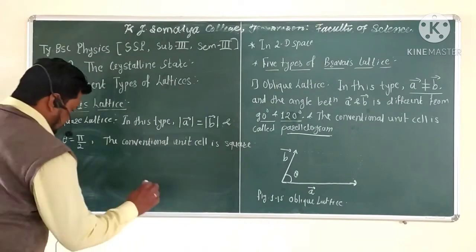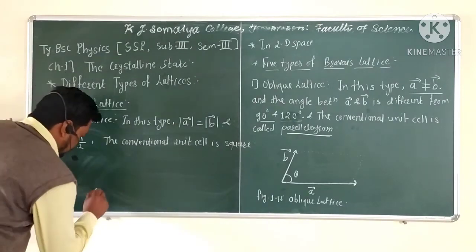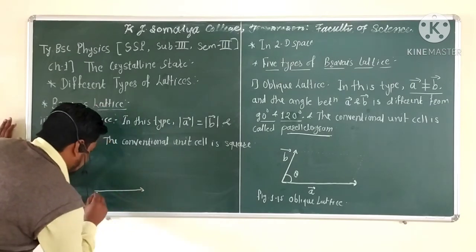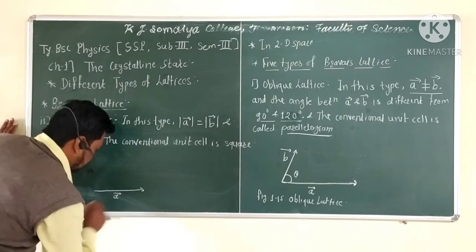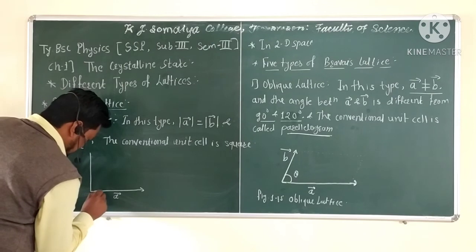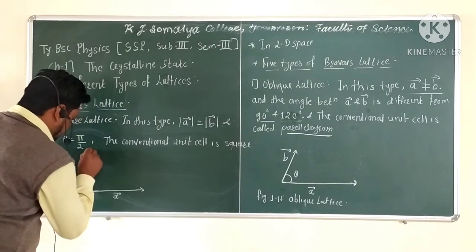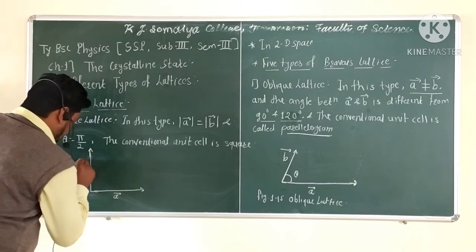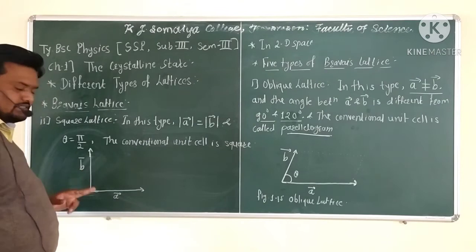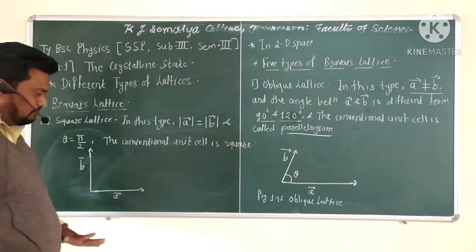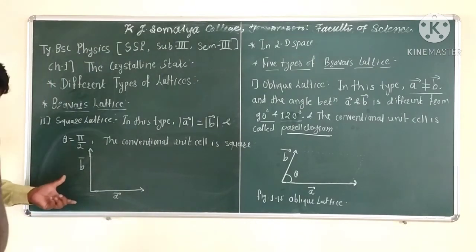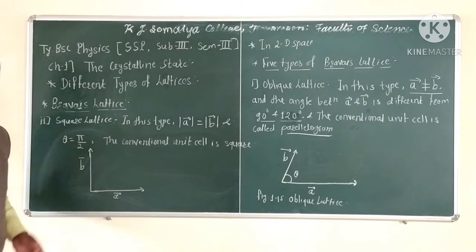So for example, consider this as the vector A bar, and the next vector as vector B bar. Both vectors have the same side or length. The angle made between vector A and vector B is 90 degrees.